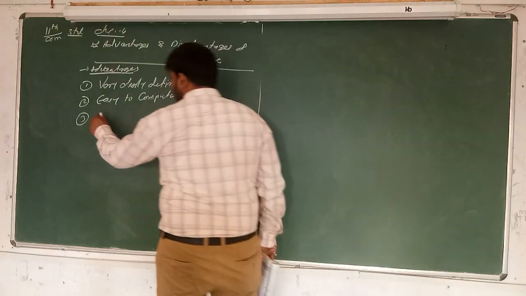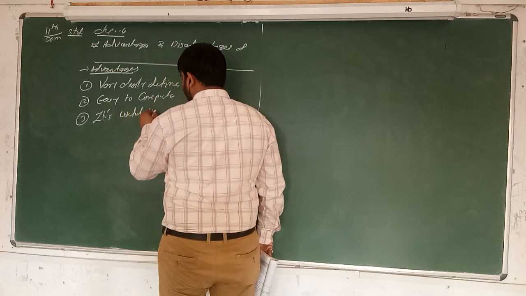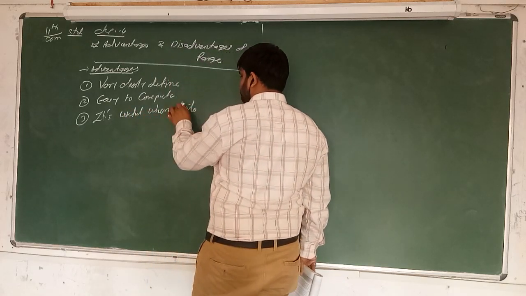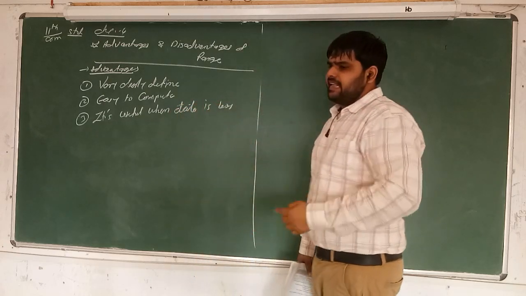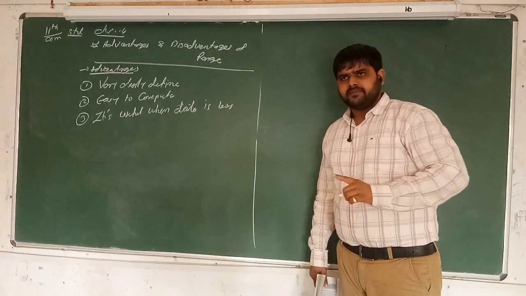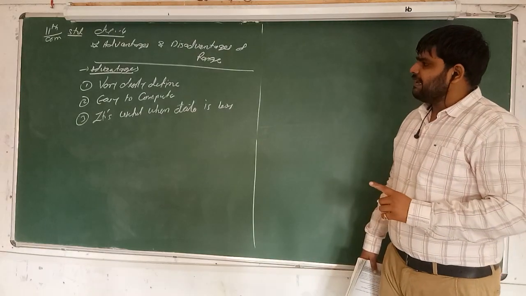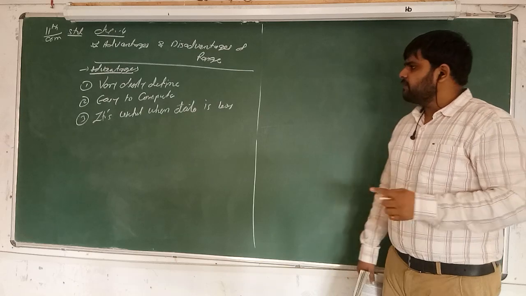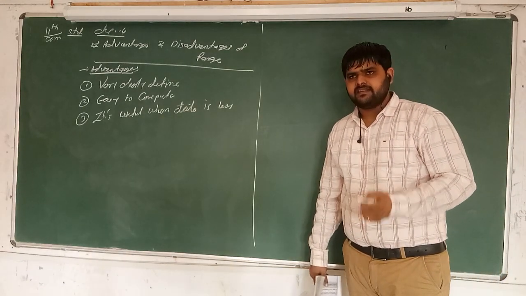When the number of data is less, at that particular time range is useful. So three advantages: number one, very clearly defined; number two, easy to compute; and number three, useful when the data is less.